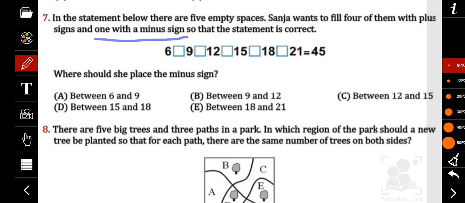Let's, for example, start with putting plus signs, plus, plus, plus, plus, and let it be minus. So when we add them, we see that the answer does not equal 45. Okay, then let's arrange this negative sign at somewhere else, like on this place, for example.